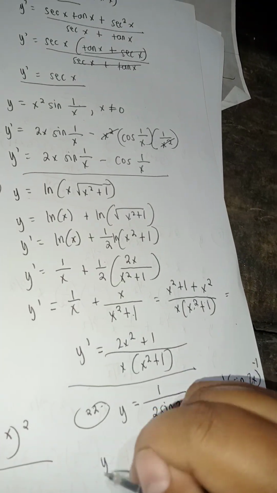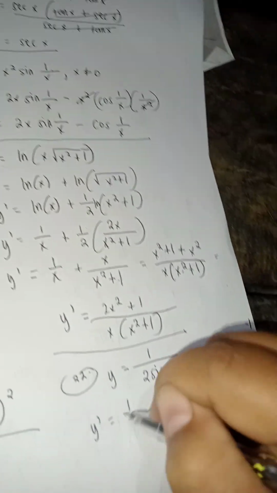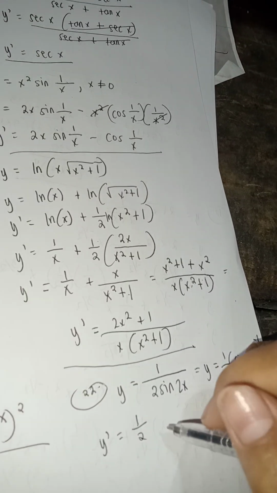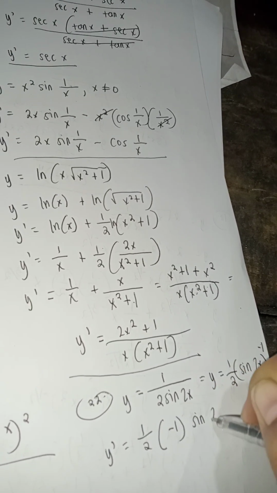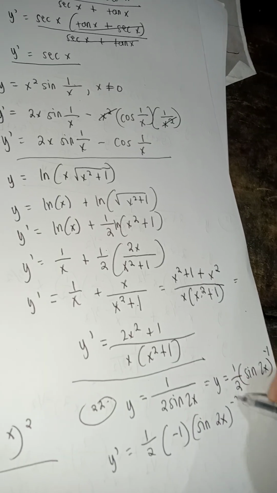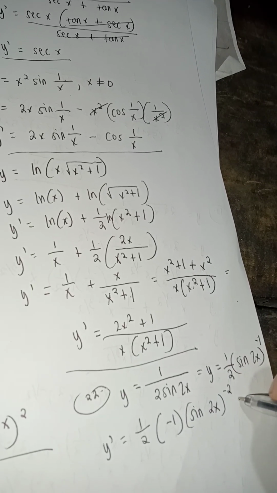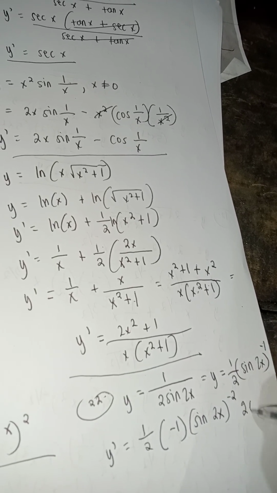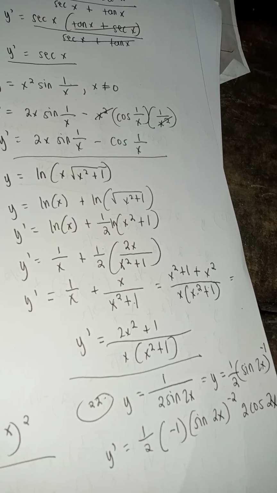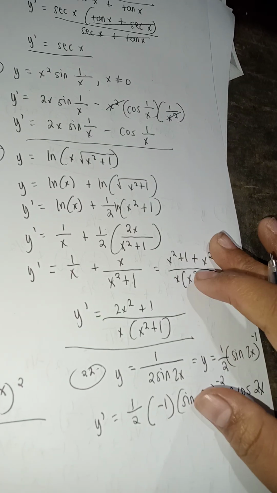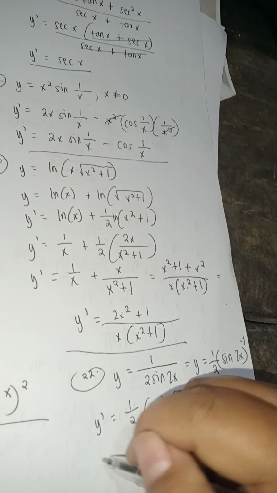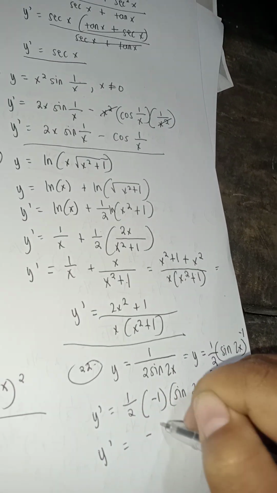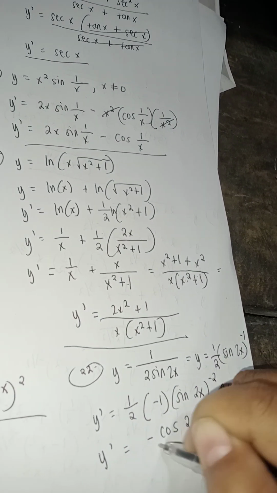Apply the chain rule. Copy 1/2 times negative 1 times sine 2x to the negative 2. Then the derivative of sine 2x is 2 cos 2x. So after that, we are going to simplify it.